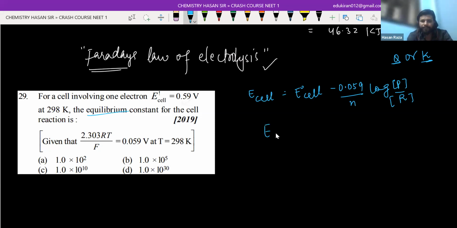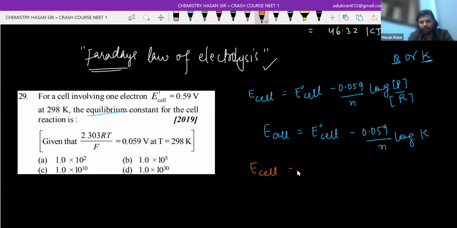So E cell will be equal to E naught cell minus 0.059 upon n log of product upon reactant, which can be replaced with the value of K. Now you can easily solve it.